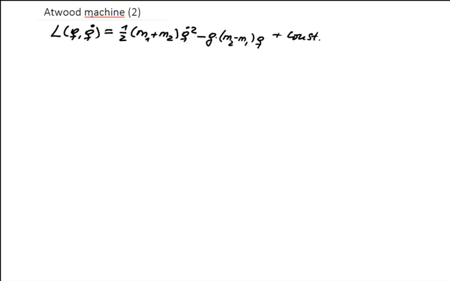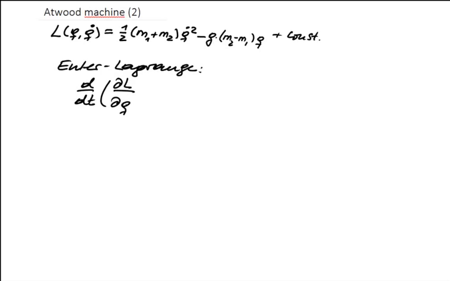We have the equation of motion, Euler-Lagrange, following the usual recipe: d over dt of partial L partial q dot equals partial L partial q.